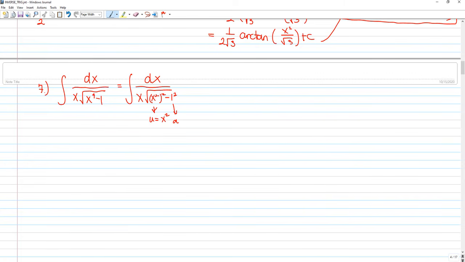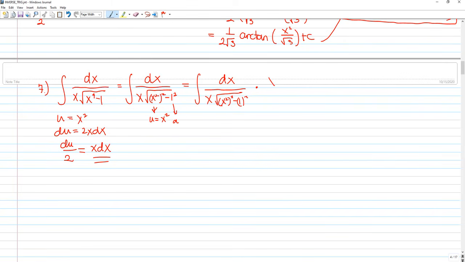Okay, so u substitution again. So we have u equals x squared. We have du 2x dx. So we have du all over 2, okay, is equal to x dx. Okay. Now, the problem with this is I don't have x dx. So, I would simply multiply this whole expression, dx all over x square root of x squared squared minus 1, by x over x.